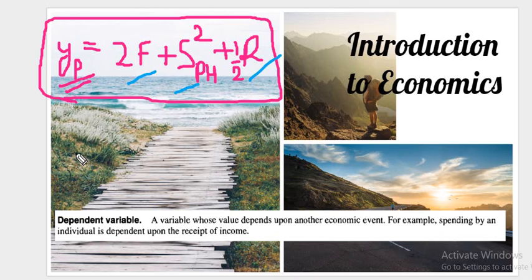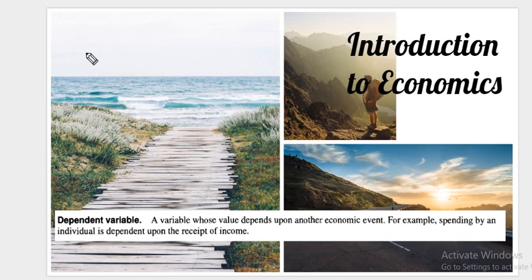Let's say somebody is spending, or we can also call it consumption, so let's call it C. Consumption of an individual is dependent upon how much income, receipt of income meaning how much that individual is earning.